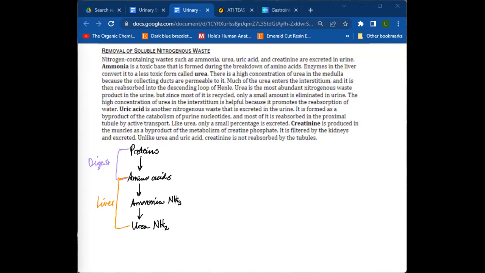Now we need to know that for the urea, most of it is actually going to be put back into the blood, and very little of it is going to go into the urine. So about 80% goes back into the blood, is reabsorbed, and only 20% is found in the urine.